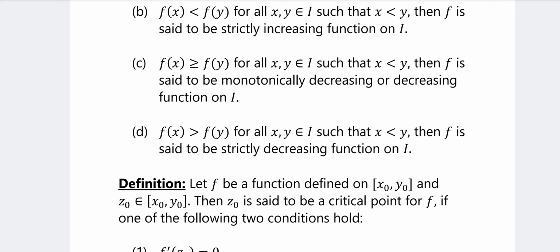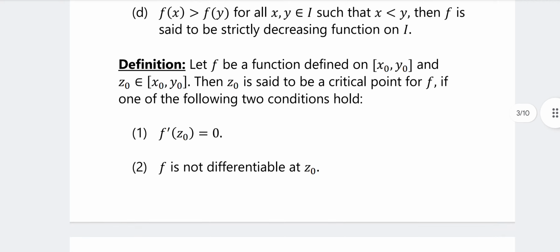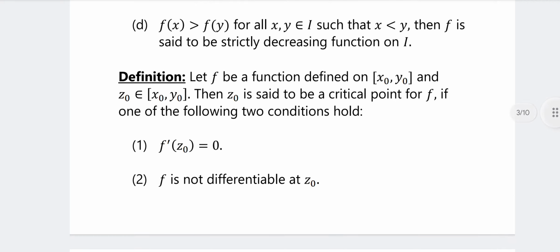Now we are going to see another definition. What is a critical point? Let f be a function defined on [x naught, y naught] and z naught is a point in the closed interval [x naught, y naught]. Then z naught is said to be a critical point for f if one of the following two conditions holds: either the derivative of f at z naught is 0, or f is not differentiable at z naught, which means the derivative of f at z naught is not defined.